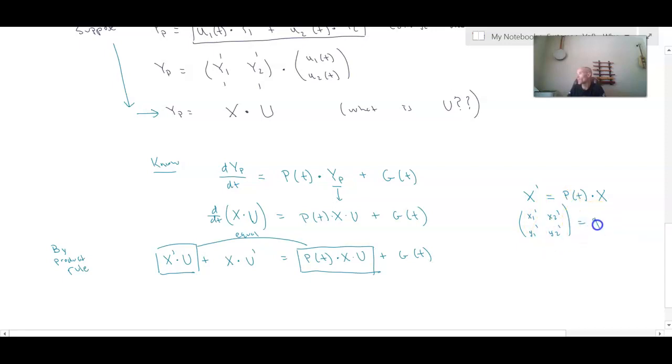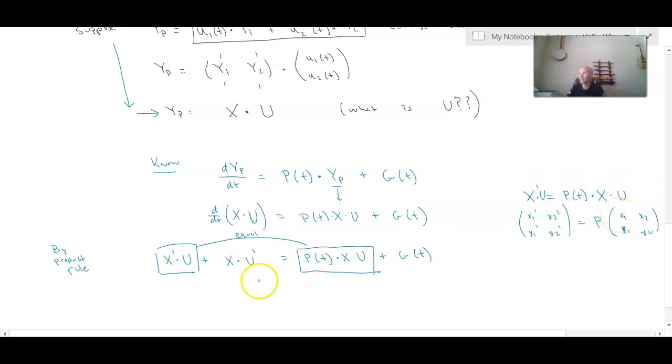And we have our P matrix times x1, y1, x2, y2. So when we multiply this all out, you'll get x1 prime equals some value times x1, x2 prime equals some value times x2, and so on and so forth. So these are equal. Well, if I just multiply both sides by u, then they're still equal to each other.